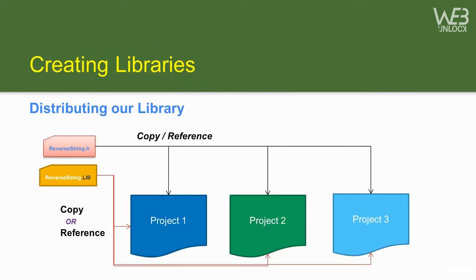Okay, so just to clarify how we distribute the library, like I said in the previous slide, you still need to provide your header files as well as the library files to each project. Now there's two ways here again where you can do this. You can either choose to copy the header and lib file into each project folder. That's one approach.